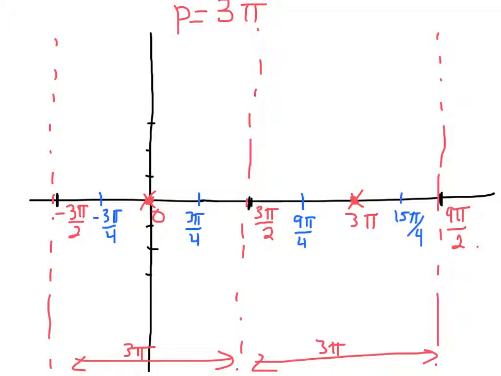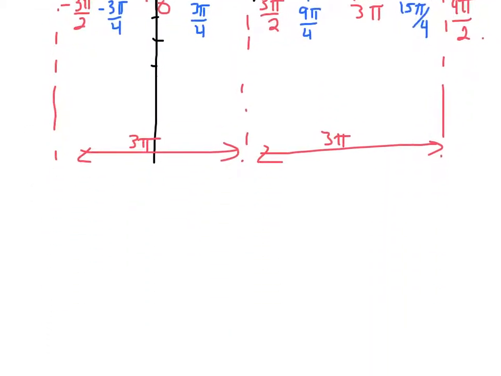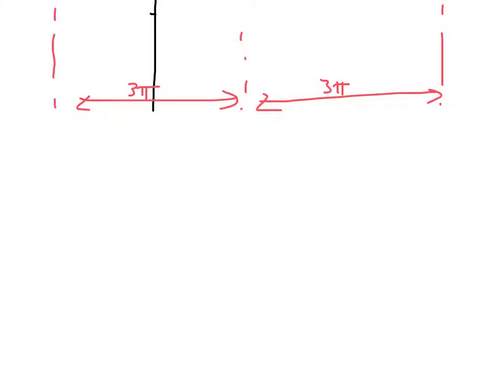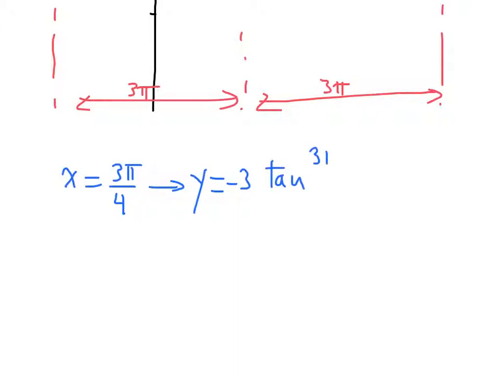What we want to do is select one of those blue points, the midpoints, and test it. Let's test x equal to 3 pi over 4. We want to plug it back into the initial function, y equals -3 tangent of x over 3, but x is 3 pi over 4 divided by 3.